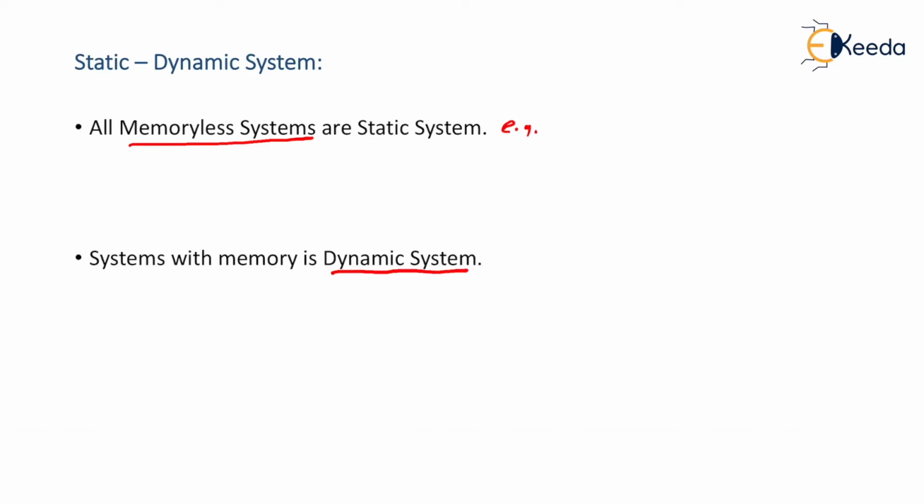So let us understand what exactly is meant by a static system and a dynamic system in the signals and systems subject. If the present output is a function of the present input, it is very simple. Suppose you applied some input and it gets reflected in the output. The second time you apply some input, you will get a new output.